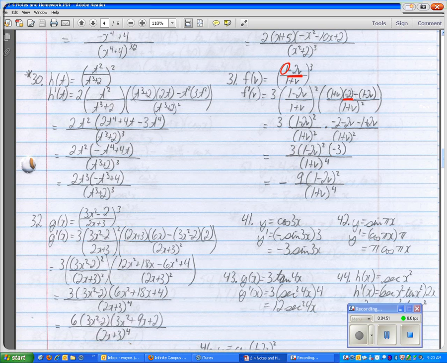So minus parentheses 1 minus 2v times the derivative of the bottom. Well, the derivative of 1 is 0, but the derivative of v is 1. Now I didn't write in times 1, but it's there, isn't it? Times 1 divided by the bottom, 1 plus v squared.